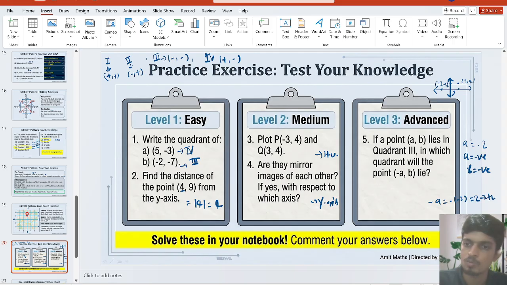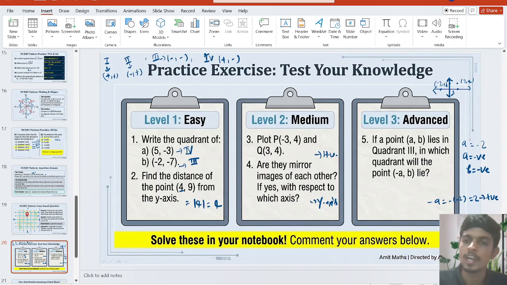This is positive. And b should be negative. So -a is positive and b is negative. Positive, negative lies in which quadrant? You see, the fourth quadrant. Try by yourself and comment in the comment box.